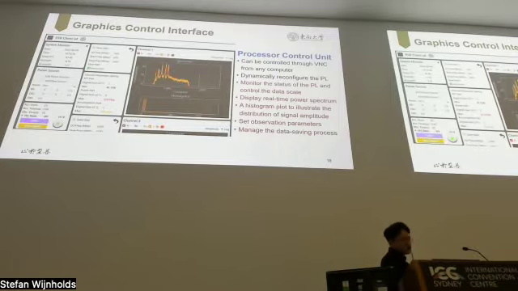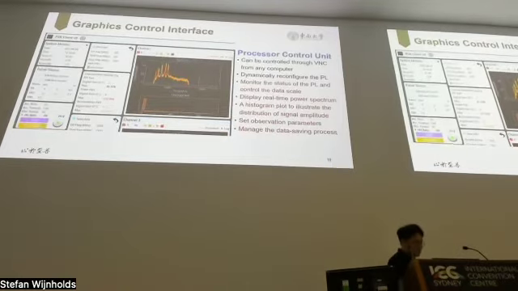And we can also manage the data saving. Here we can control the time resolution and the saving time, the output modes, and the saving paths, and control the data saving with this button.